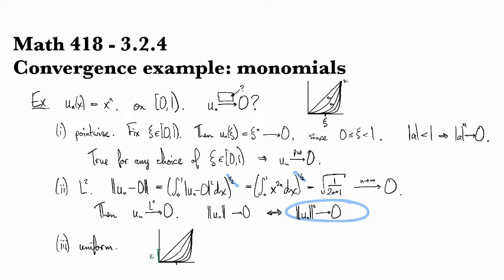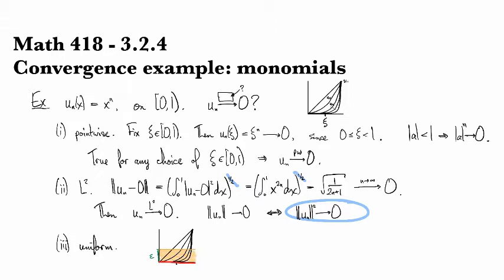Can I make all of these xn's simultaneously within this distance epsilon from the 0 function here? Well, the answer is surely not, because if that were the case, then there would be some n such that xn is entirely within this orange tube after that point in the sequence.